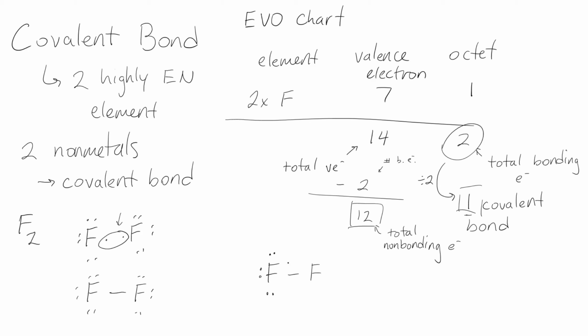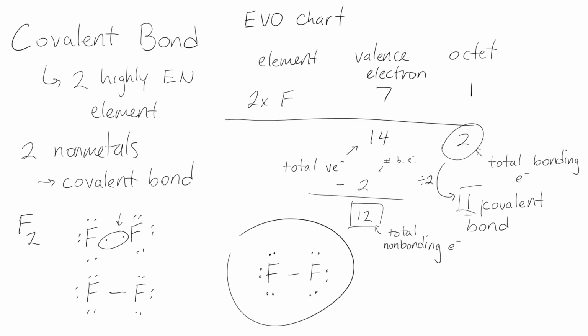That'll give it its 8. For this fluorine over here, we'll give it 6 dots as well. If we count up the total number of dots, that's 2, 4, 6, 8, 10, 12 dots, the total number of non-bonding electrons. So we are pretty confident that that is indeed the structure.